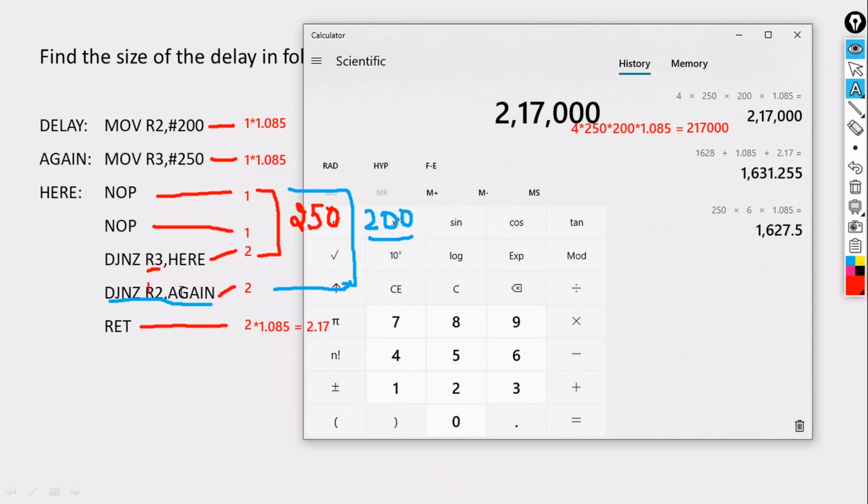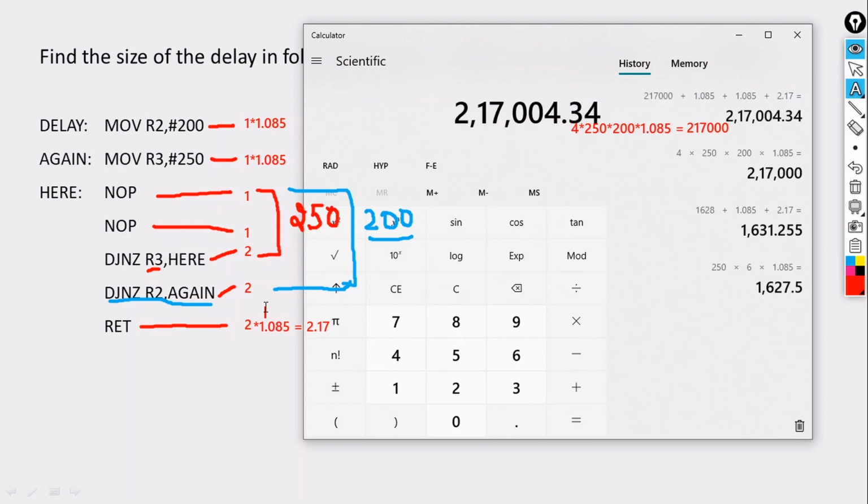So 217,000, plus 1.085, plus 1.085 for move R3 comma hash 250, plus the return instruction, which takes 2.17 microseconds. So the total is 217,004.